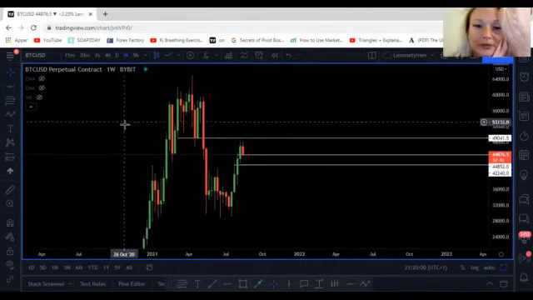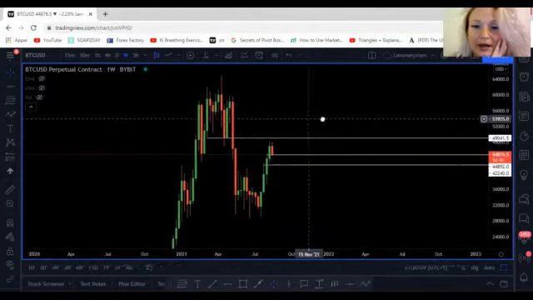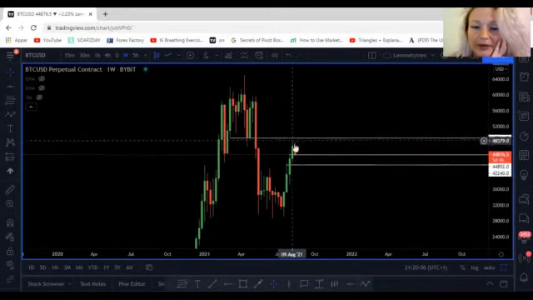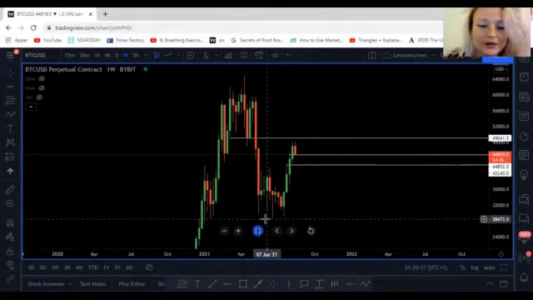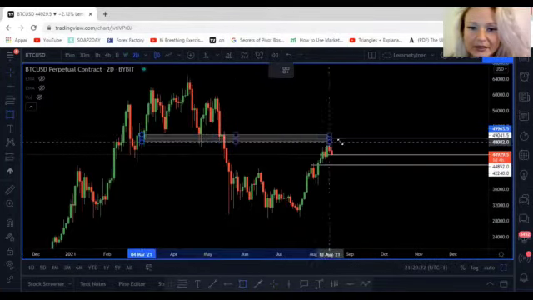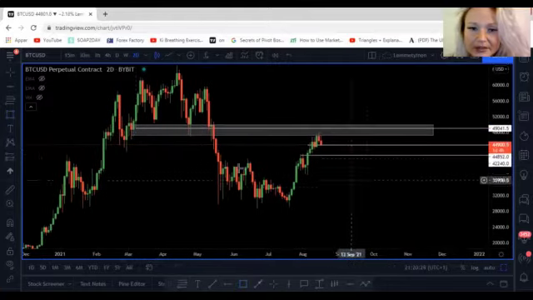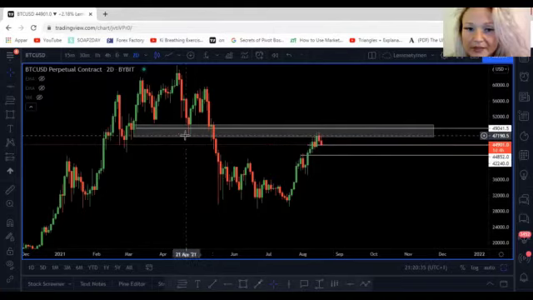If we go to the weekly, we can see that we are at a support level right here, and the market didn't go up there, but it did retest this wick right here. So we can see that on the 2-day, it looks kind of different. And we can do it like this. We can take this part here, and you can see how perfectly the market came into that area and retested this part.